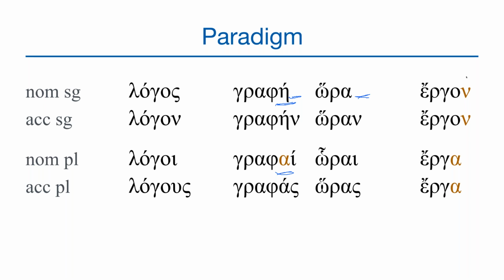Both of those have just the stem. And that's going to be true of first declension words in general. Last, we have ergon, ergon, erga, erga. So work, subject, work, object, works, subject, works, object. Anybody see a problem with that?